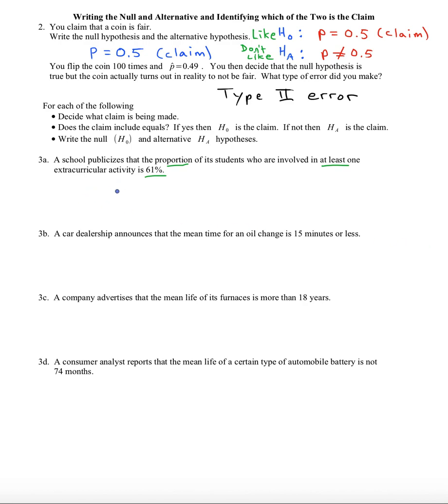Notice that it would be a binomial situation. They either are involved in an extracurricular activity or they're not. So our claim is going to involve P. Now the term at least means it could be greater than or equal to 61%. That is the claim.